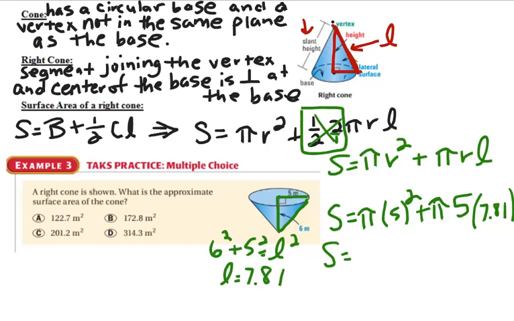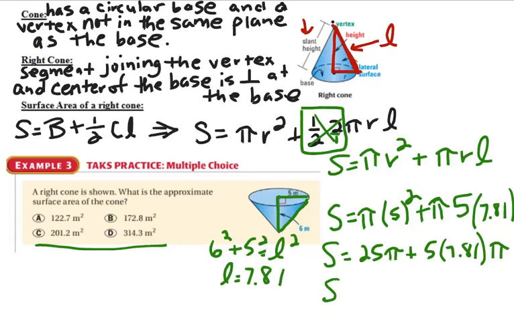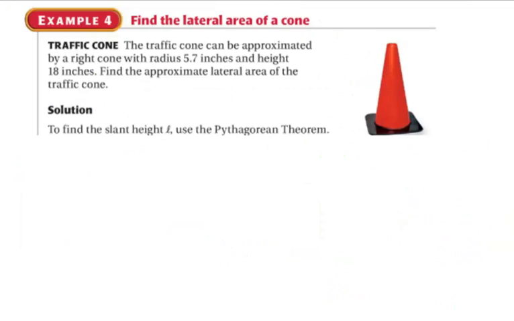So pi 5 squared, that's 25 pi, plus 5 times 7.81 pi. And you know what? We're just going to plug that in, because if you look over here at my answers, they're all in decimals. So 5 times 7.81, go ahead and plug in your pi now, and my surface area is about 201.2.